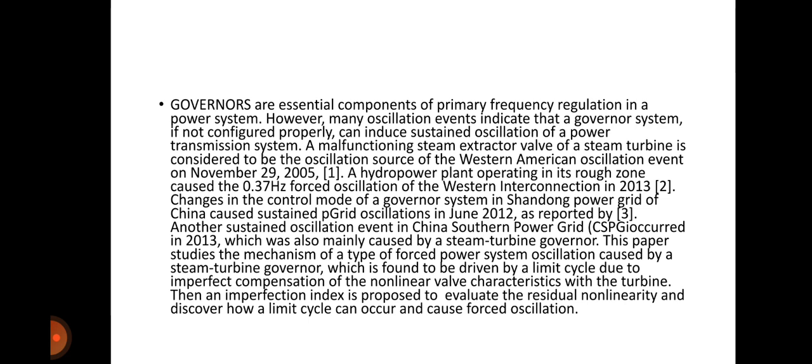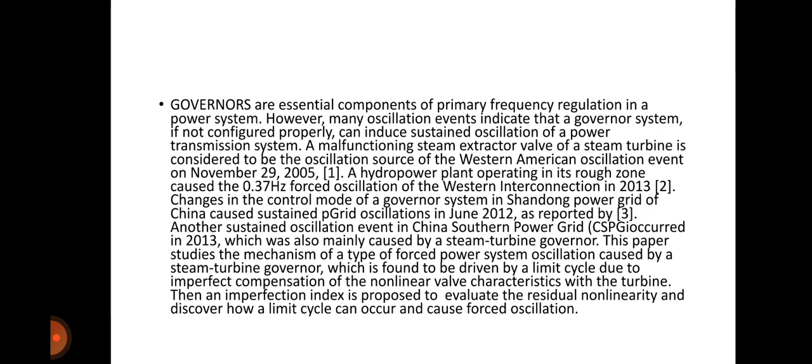However, many oscillation events indicate that a governor system, if not configured properly, can induce sustained oscillation of a power transmission system. A malfunctioning extractor valve of a steam turbine is considered to be the oscillation source of the Western American oscillation event.